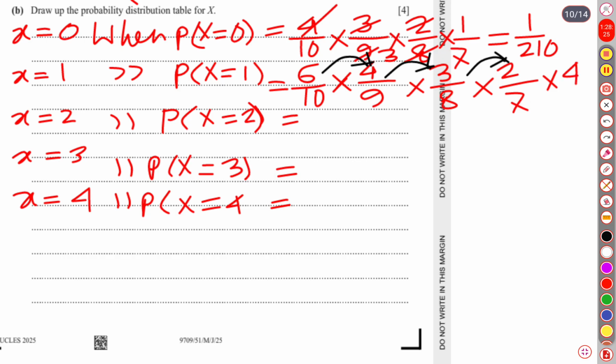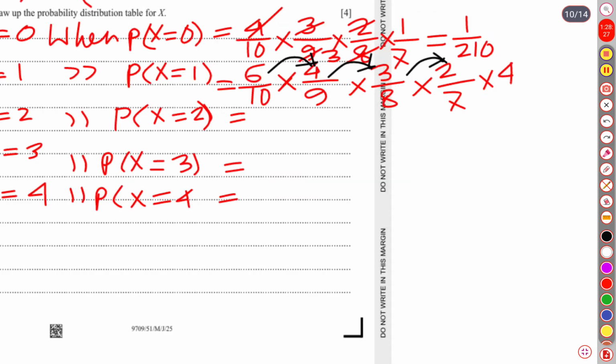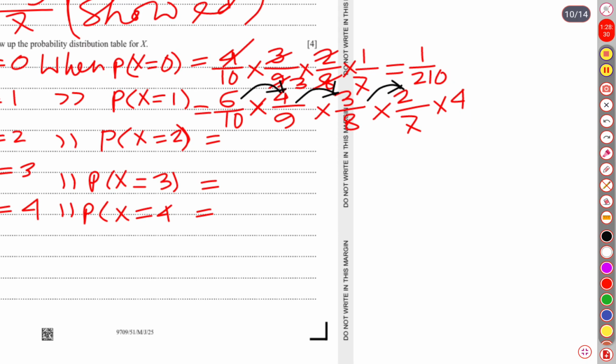Now if we simplify this, it is going to be 4 over 35. I am not showing the details of cancellation.